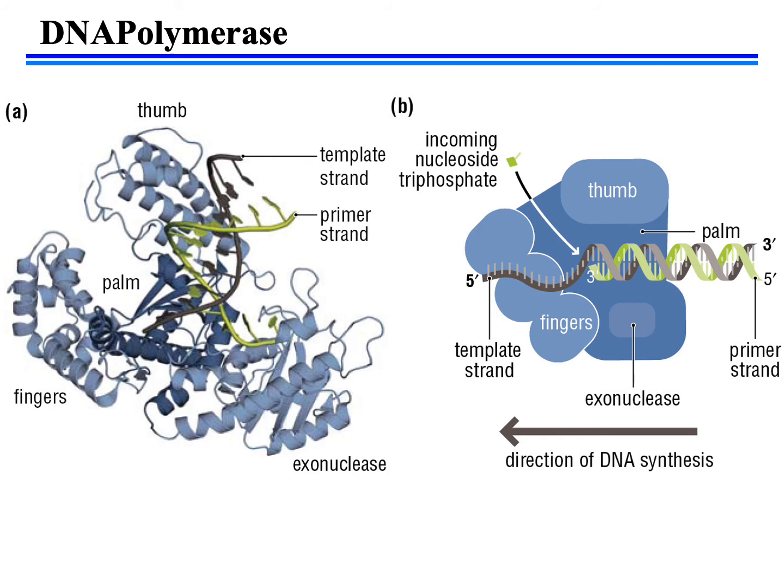Okay, let's look at DNA polymerase in a little more detail. What you can see on this particular figure are two different views of the DNA polymerase molecule. On the left-hand side, you're looking basically at the ribbon model for the enzyme. And then on the right-hand side in panel B, you see more of a cartoonized version of the enzyme.